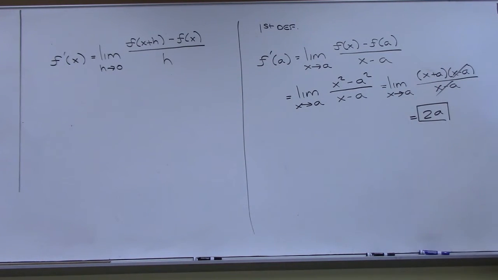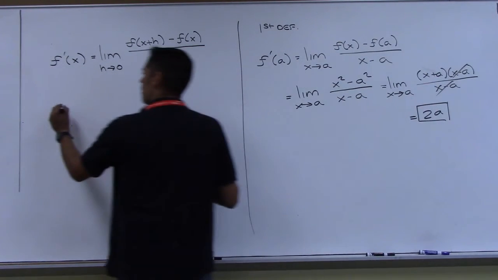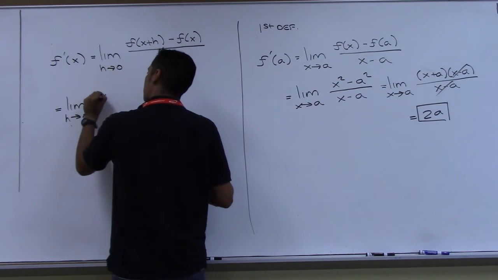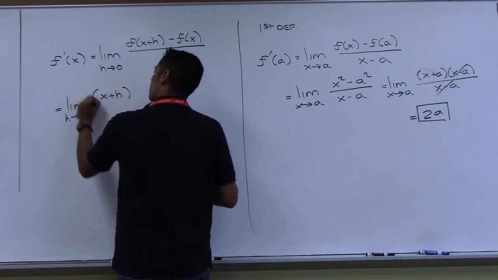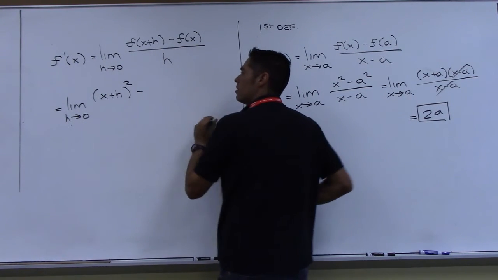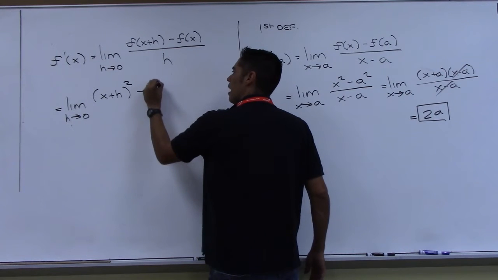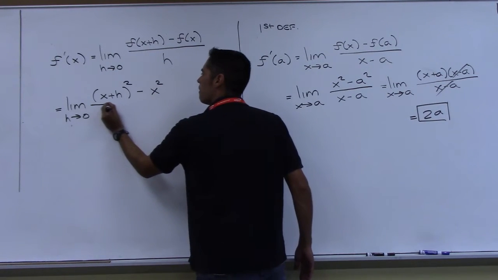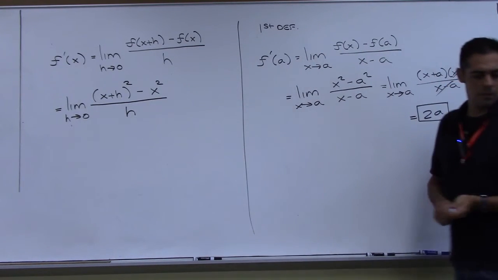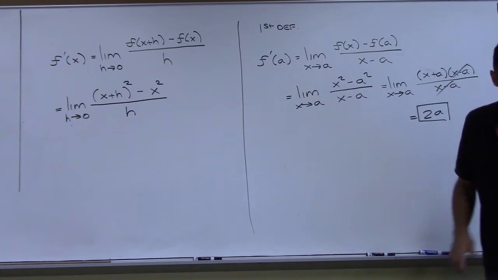So what is the top left of that one? Because it's not the same as this. It's going to be x plus h squared. Limit h goes to 0. It's going to be x plus h squared minus, what's f of x? x squared all over h.